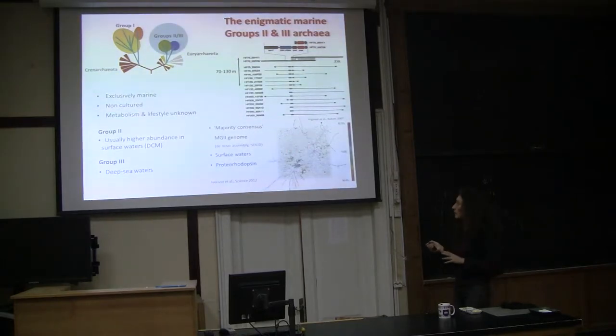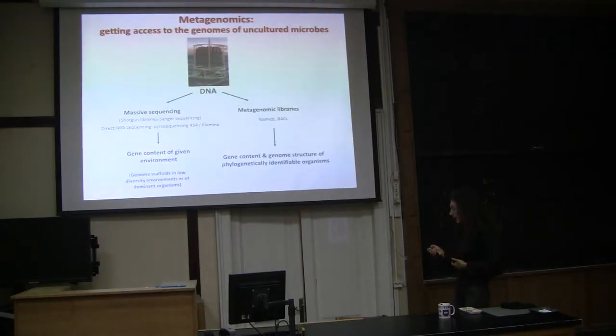This genome is just a composite of 5 or 6 different strains, so it is an average genome, and it contains a proteorhodopsin gene, again suggesting that these organisms in surface where they are abundant might be photoheterotrophs.